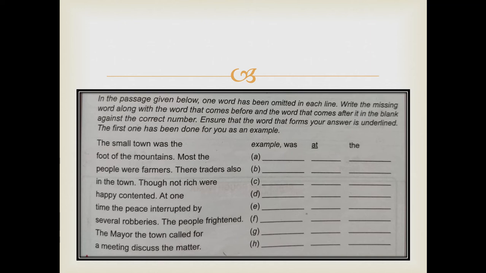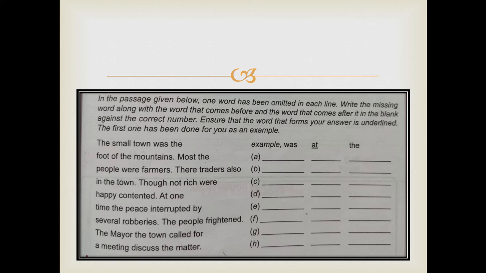At one time the peace interrupted by several robberies. At one time the peace was interrupted by several robberies. So in the E blank, peace is in the first blank, was in the second blank, and interrupted in the third blank, and we are underlining the word was because that is supplied by us.